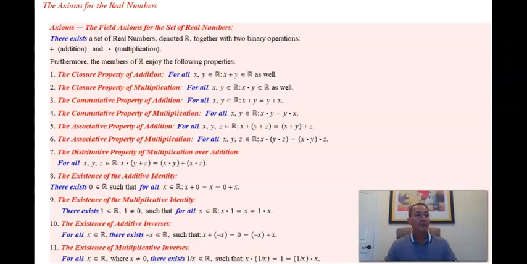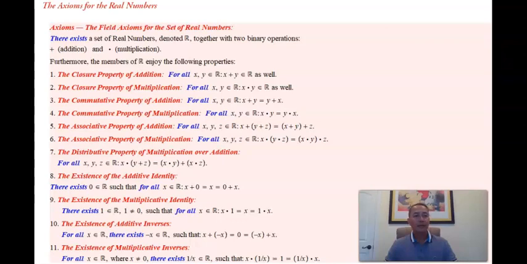There exists a number 0, so that for all real numbers x, x plus 0 is still x. And of course, 0 plus x is also x. And similarly, there exists a special number 1, and 1 is different from 0, so that for all real numbers x, x times 1 is the same as x, and 1 times x, of course, is the same as x.